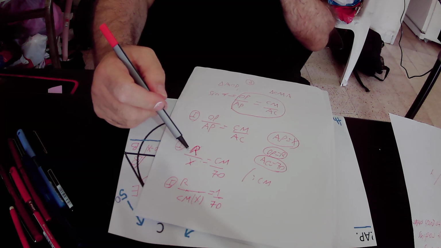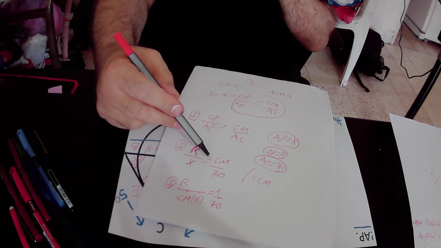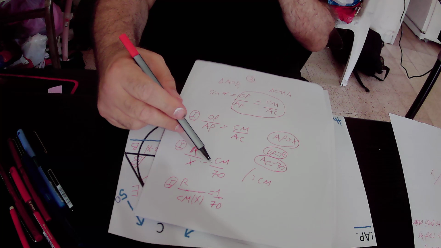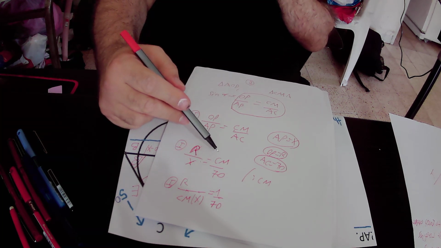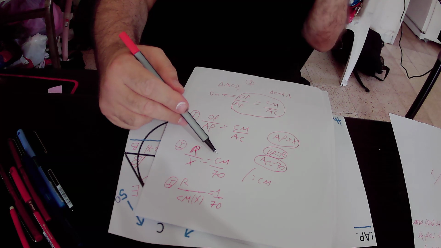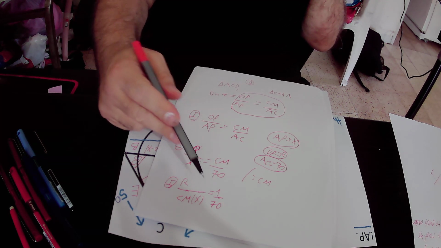R over X divided by CM equals R over CM times X, and CM over 70 divided by CM equals 1 over 70 because CM divided by CM equals 1. So in total we have 1 over 70.